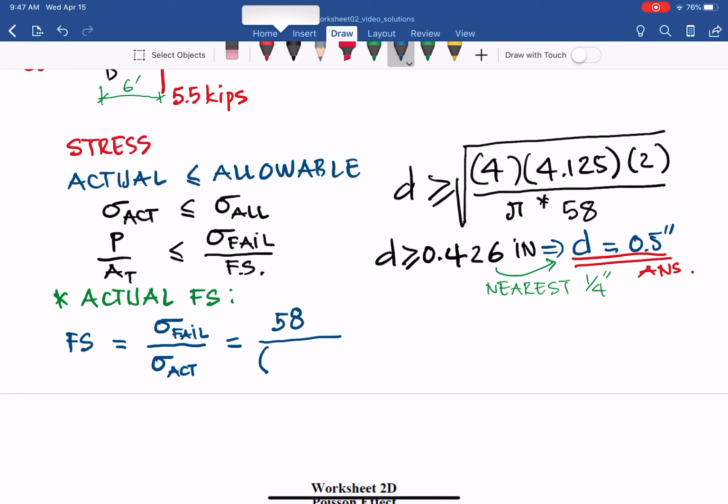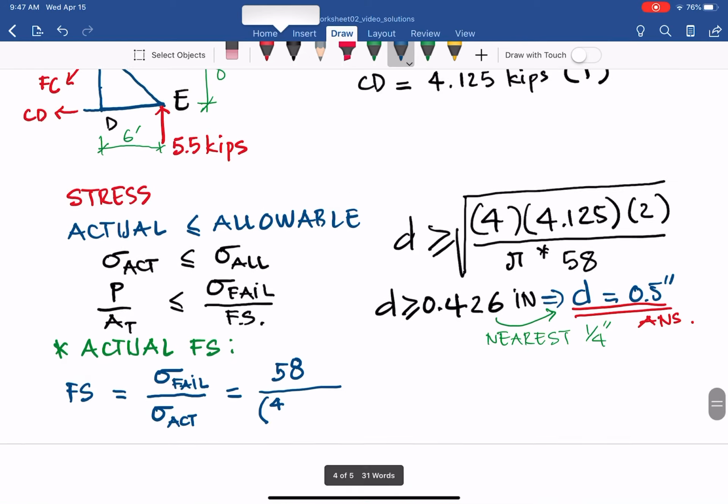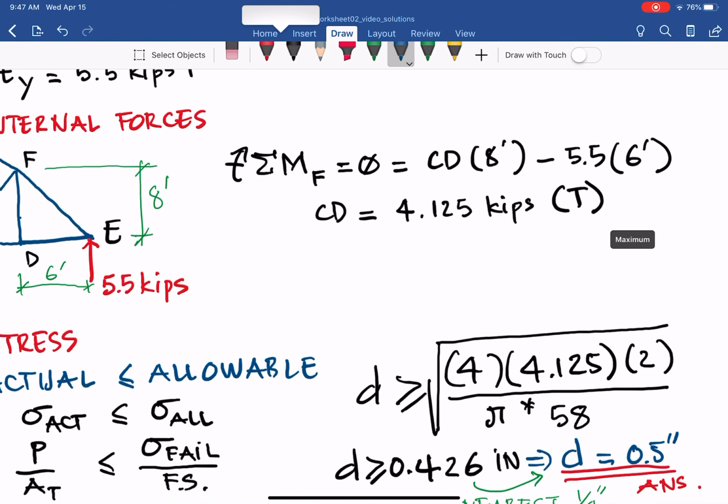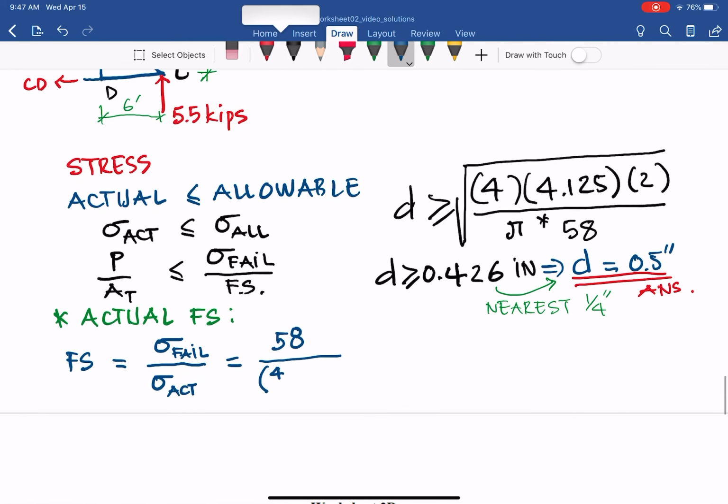So the force that we found for member CD, 4.125, is tension. So 4.125 divided by the actual area based on the diameter we chose: pi times 0.5 squared, divided by 4.